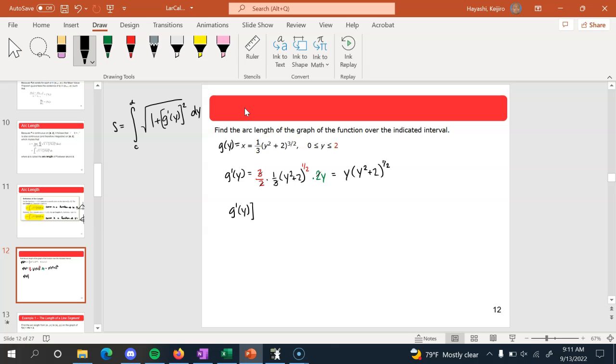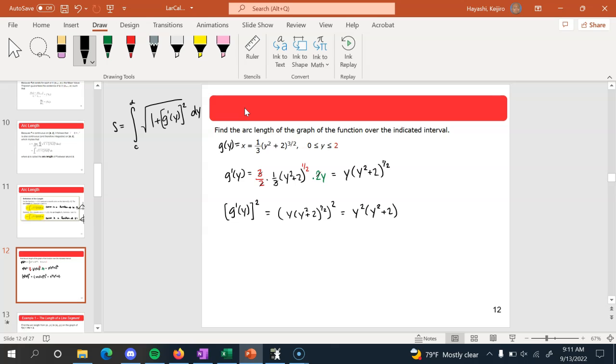So g prime of y squared, as it needs to be squared under the square root, would be this squared, which would be y squared times y squared plus 2.